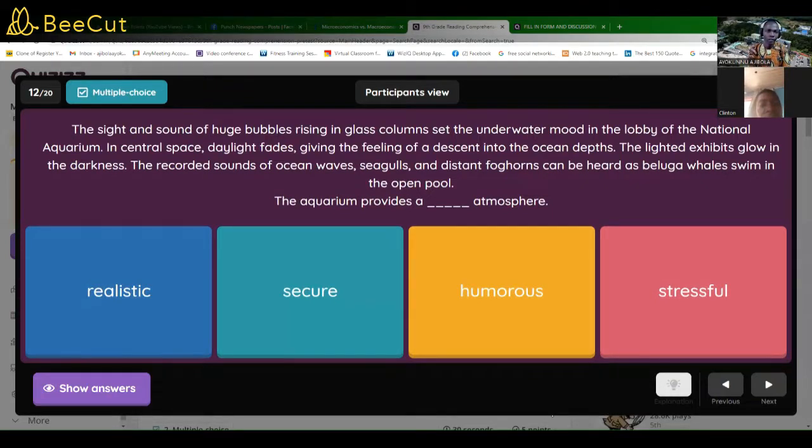Daylight fades, giving the feeling of a descent into the ocean depths. The lighted exhibits glow in the darkness. The recorded sound of ocean waves, seagulls, and distant foghorns can be heard as belugas swim in the ocean pool.